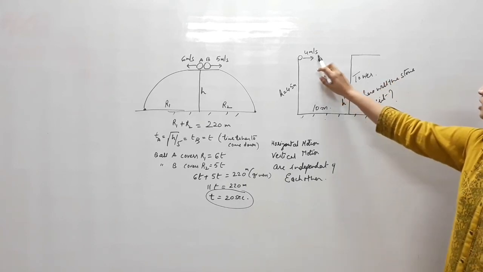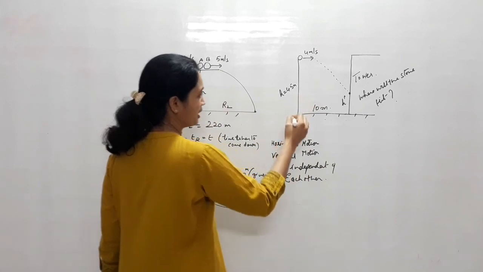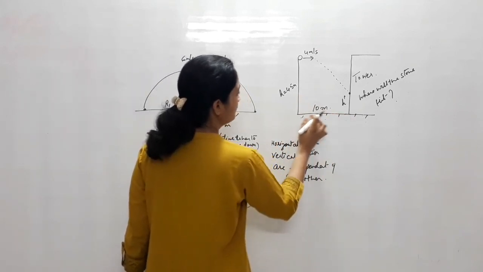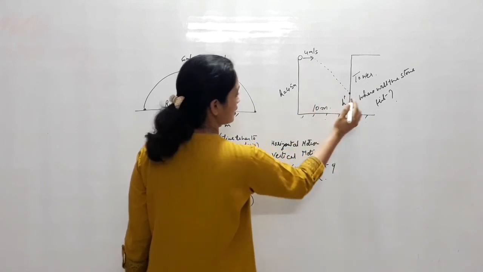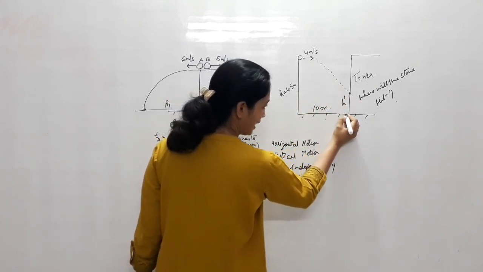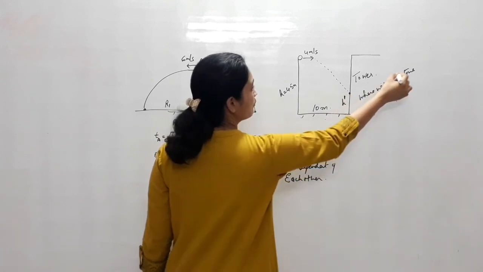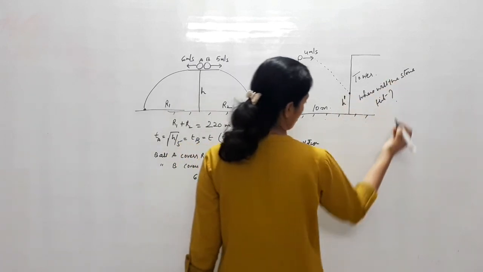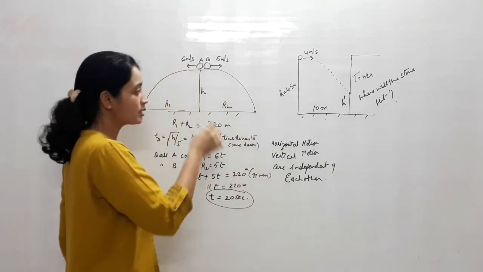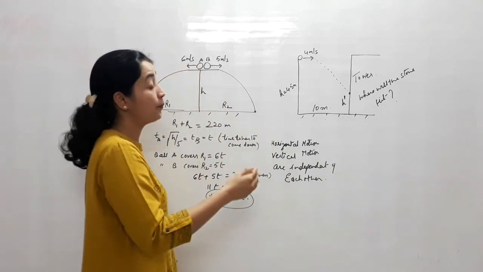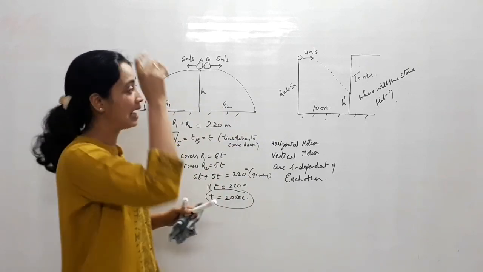The stone is released with 4 meters per second from a height of 45 meters. The distance between tower 1 and tower 2 is 10 meters. Where will this hit? Either it will hit the base or it will hit at some height h dash. This is something we need to find, and we will do some more questions, a little more complicated but yet done through a very, very simplified aspect.